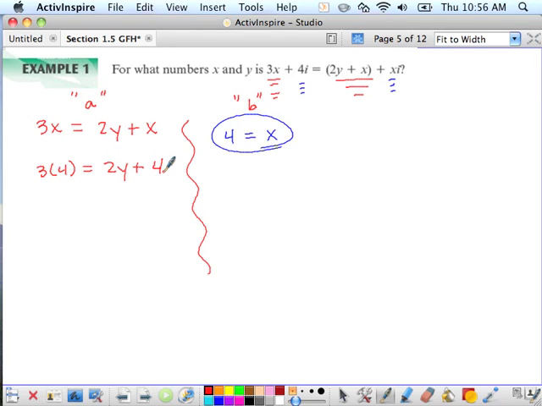I'll substitute 4 there as well. So 12 equals 2y plus 4, which means that 2y has to equal what? 8. So 1y must be 4. So those are the two values of x and y that we could substitute in here and would make those two complex numbers equal to each other.